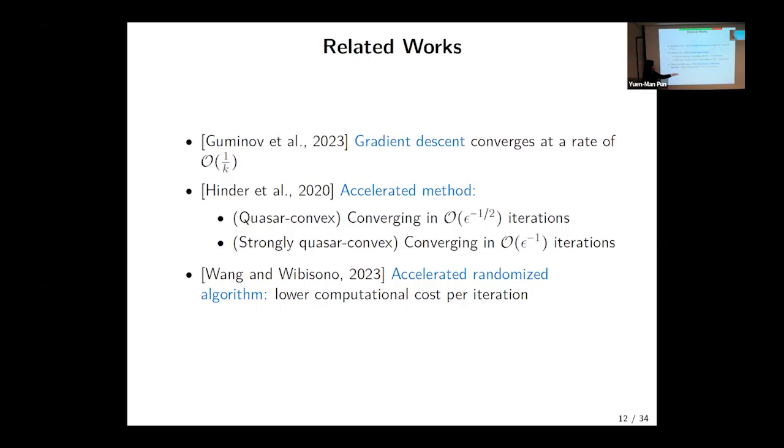And in Wang's work, they also show an accelerated randomized algorithm that has even lower computational costs than this method, but achieves the same complexity. Something interesting is that we don't know any accelerated method for Polyak-Łojasiewicz functions. But if a function is Polyak-Łojasiewicz and at the same time quasar convex, we will have strong quasar convexity. So although the function can still be non-convex, there are some accelerated methods that can be applied to it.